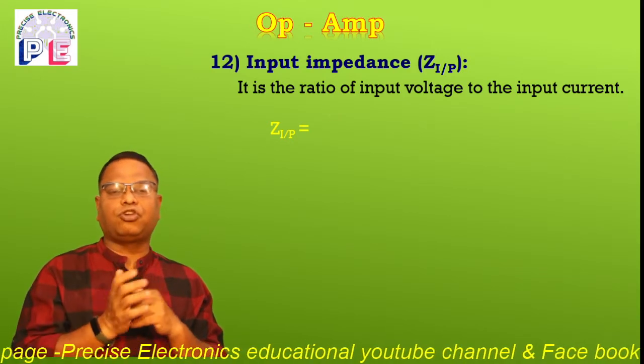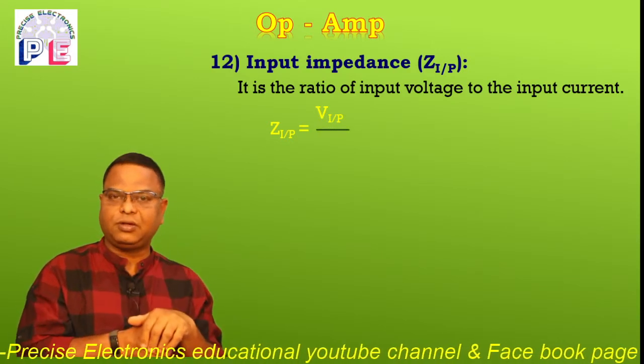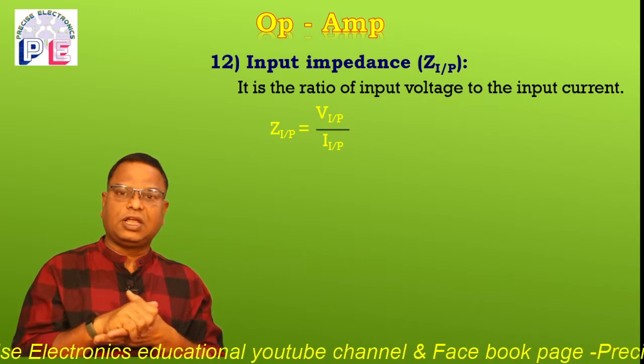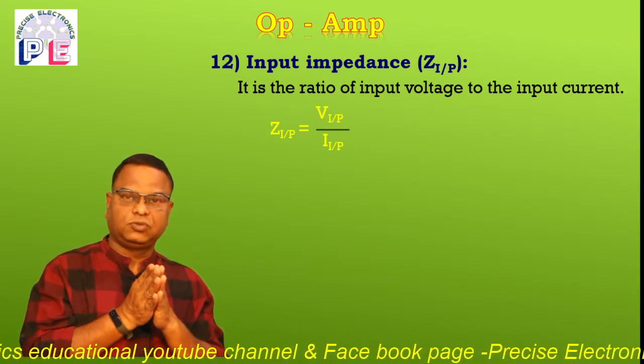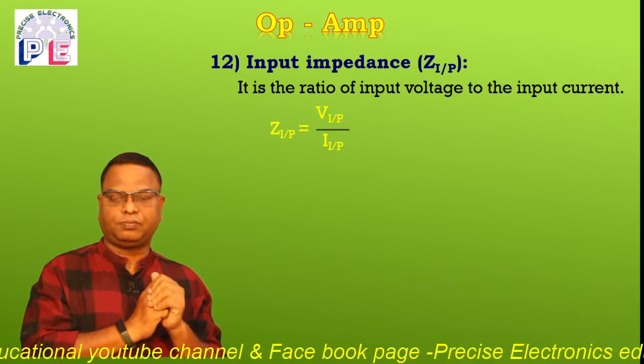So ZIP is equal to VIP upon IIP. The input impedance of an op-amp is very high, in the range of mega ohms.